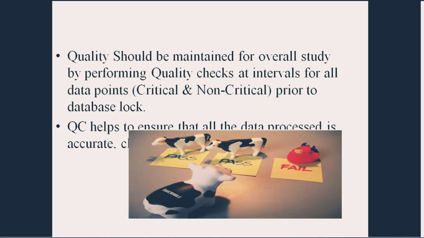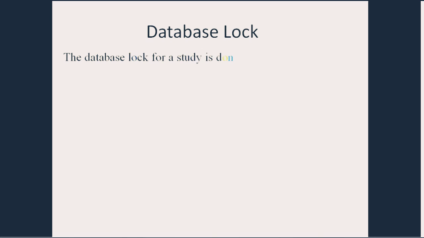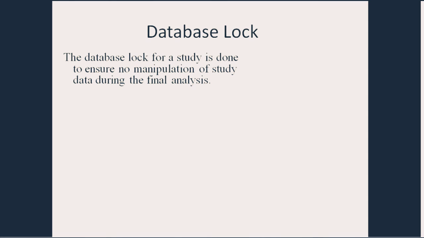Now we are going to discuss the database lock. I have already discussed the database lock, however, I will give you the explanation, the description. The database lock for a study is done to ensure no manipulation of study data during the final analysis.